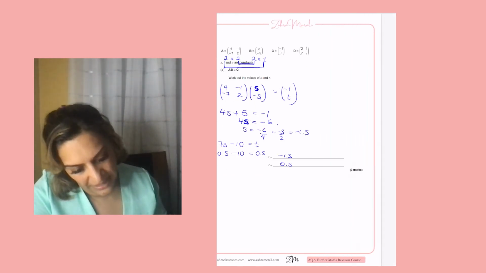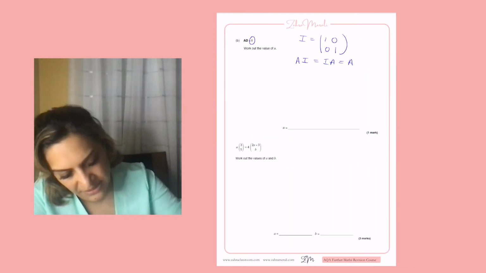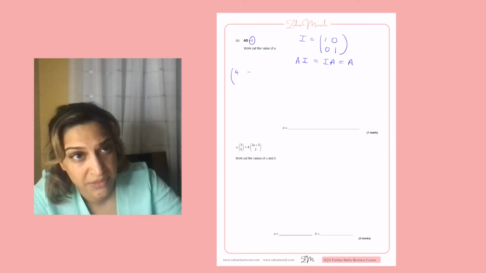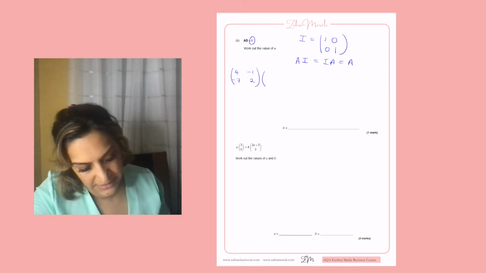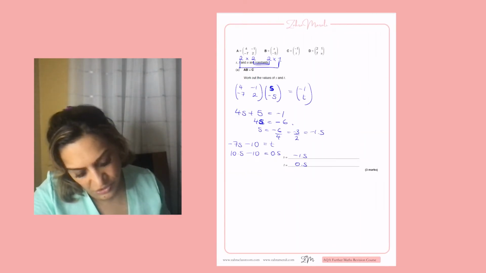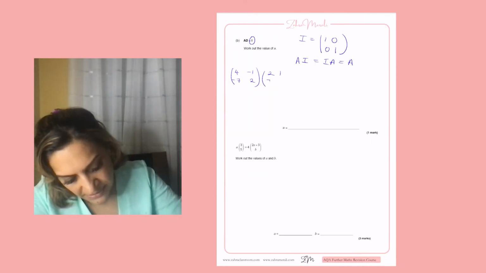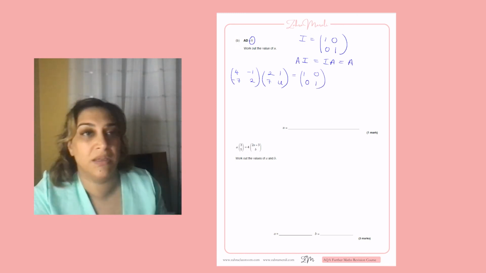Okay, so A, it tells us, is (4, -1; -7, 2). D is (2, 1; 7, u). And we're saying this equals (1, 0; 0, 1).